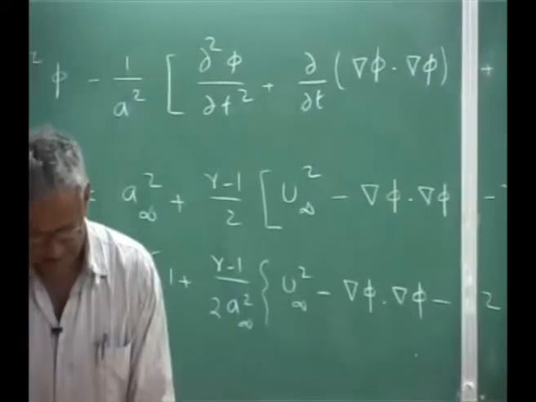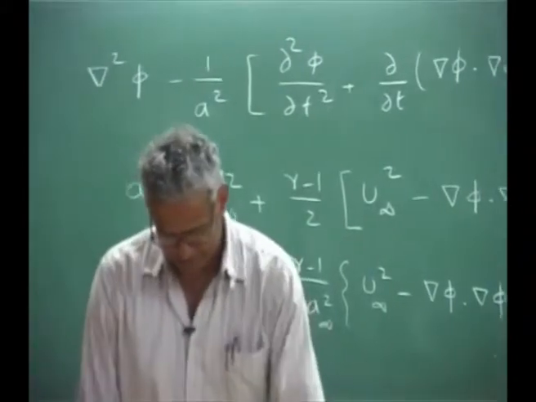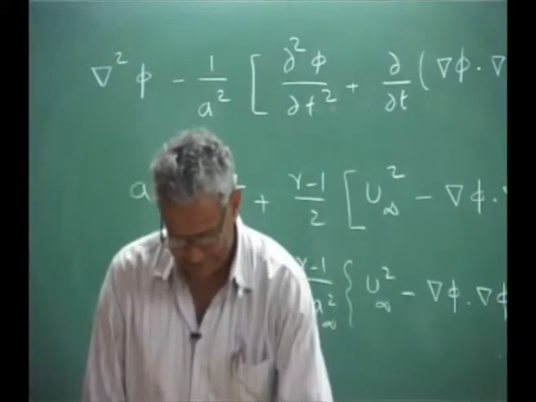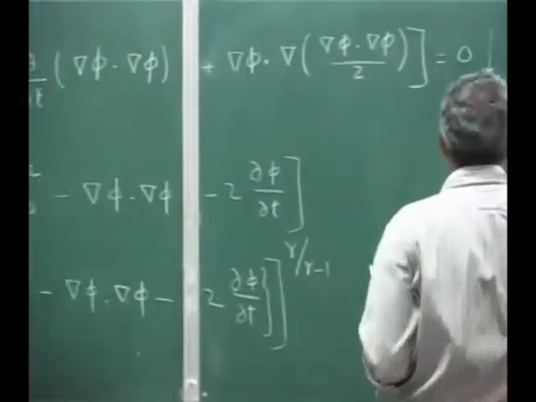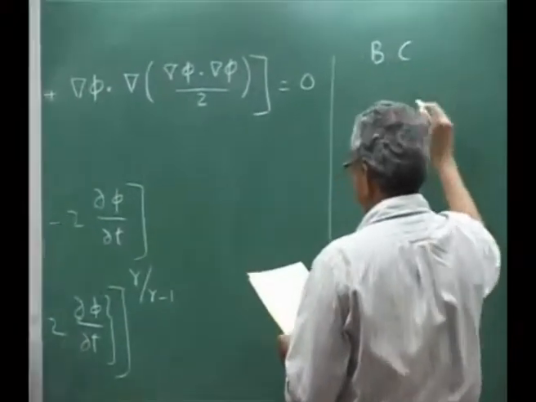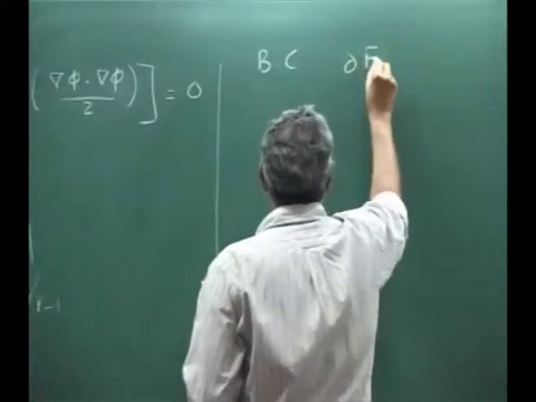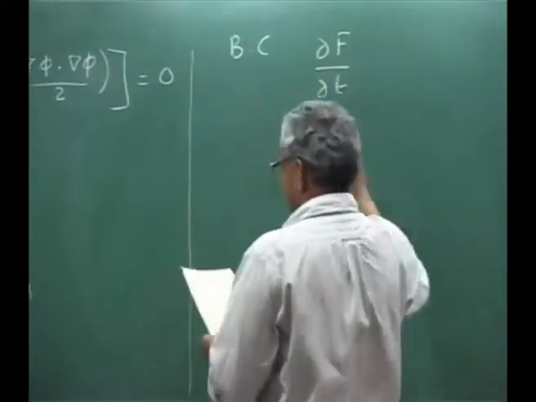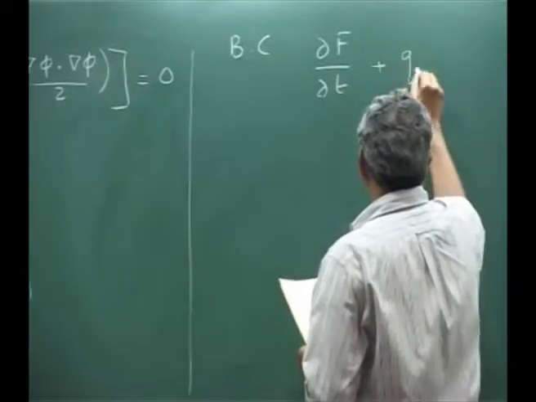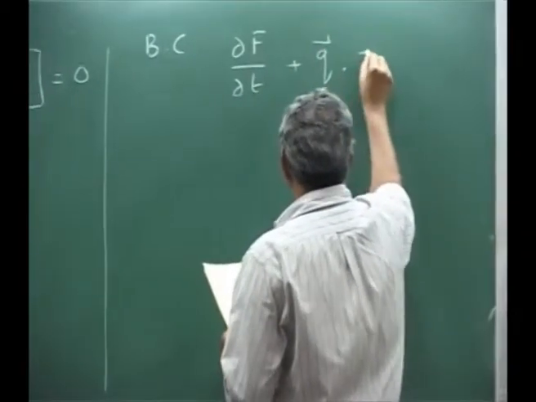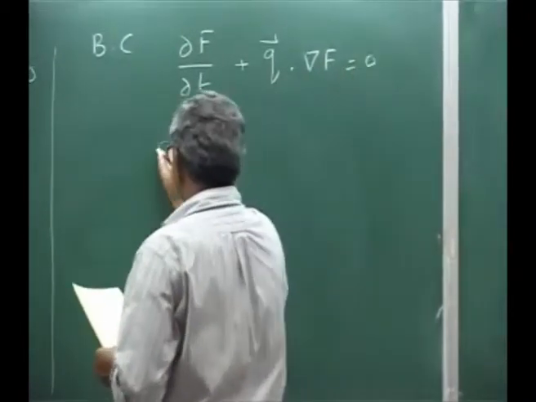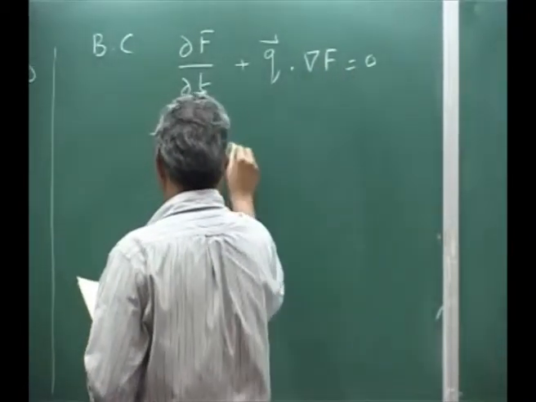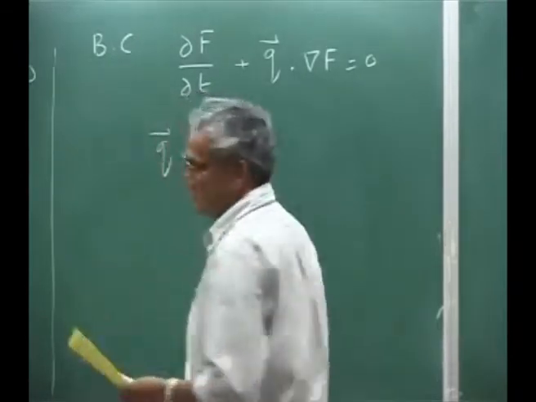And then you have the boundary condition, which is delta f over delta t plus q dot del f is 0, where q is velocity, which is del phi.